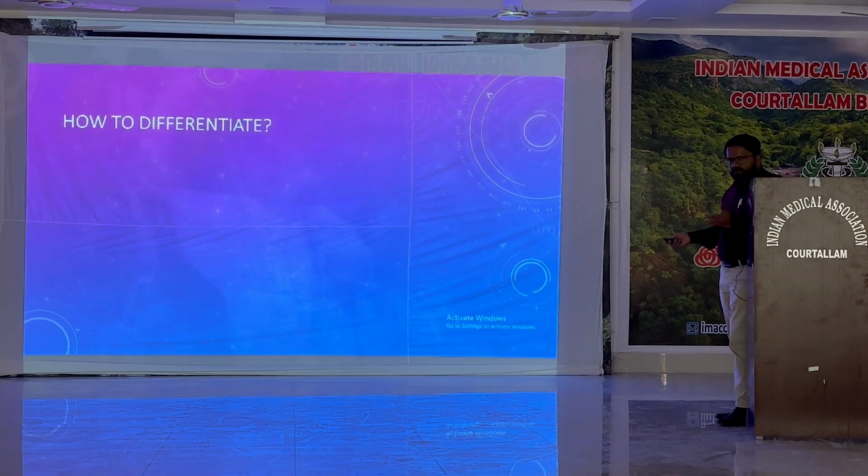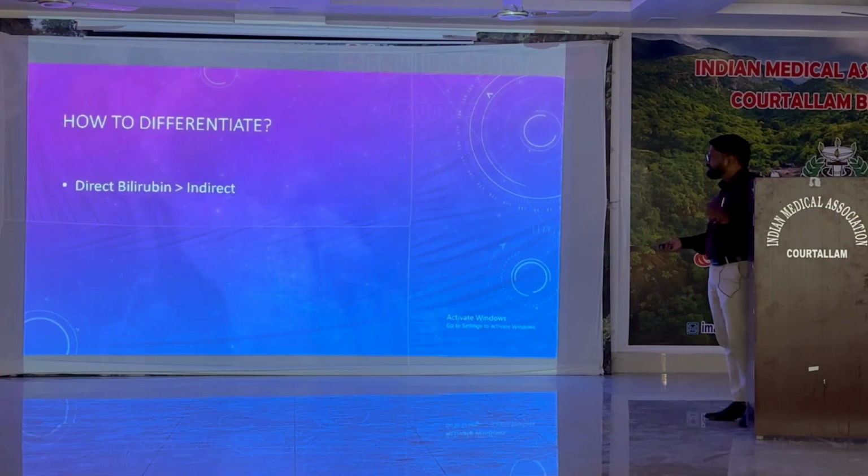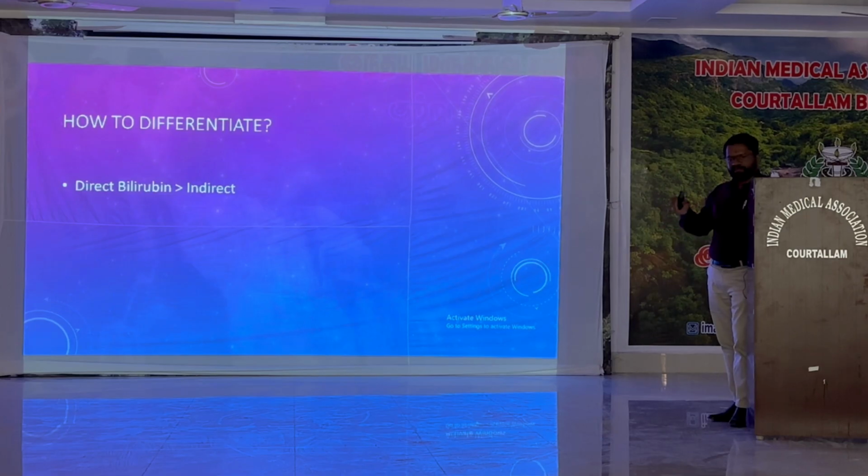So how do we differentiate what is medical jaundice and what is surgical jaundice? First thing, the direct bilirubin will be high. It happens in both cases. So the direct more than indirect means some form of obstruction is there. It can be at the cellular level, it can be at the ductal level.